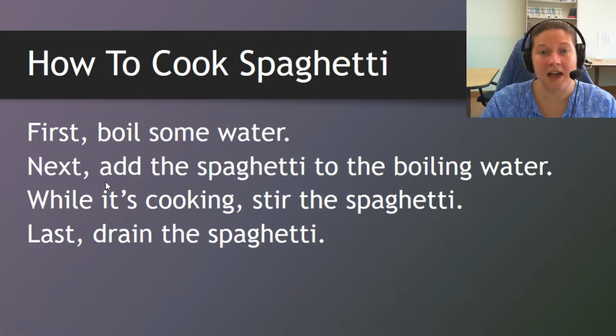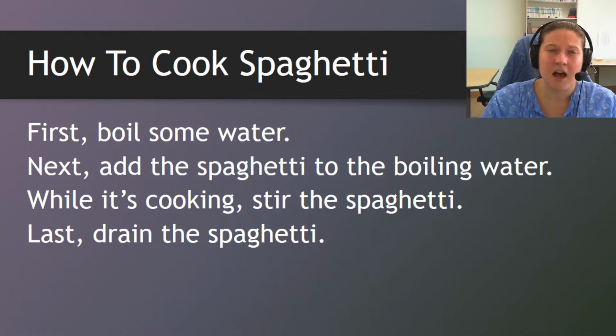Next, add the spaghetti to the boiling water. While it's cooking, stir the spaghetti. Last, drain the spaghetti. So one difference here is also that this is shorter and has fewer details, but a lot of those details you don't really need because it's just a recipe. It's not a story.